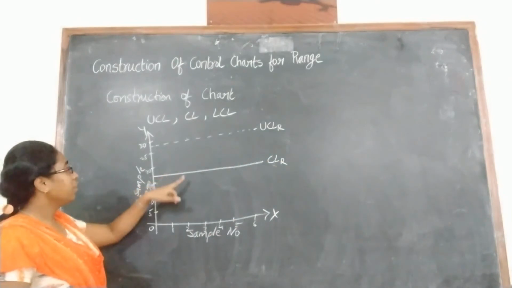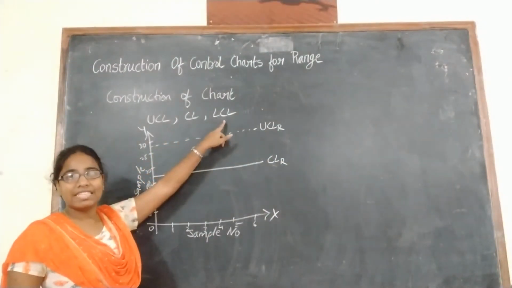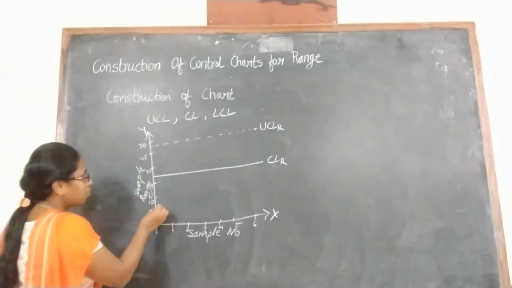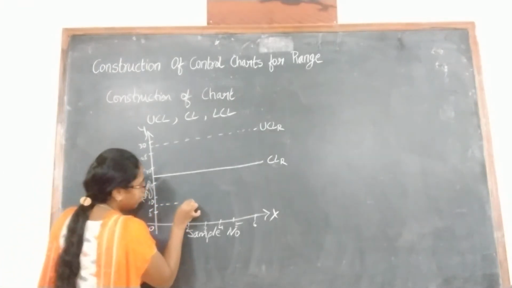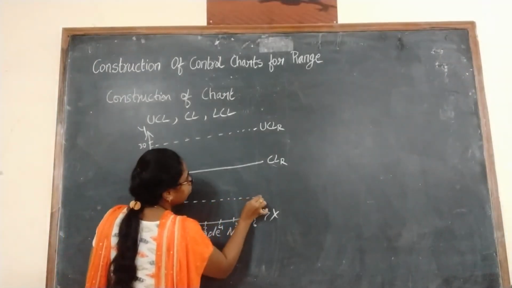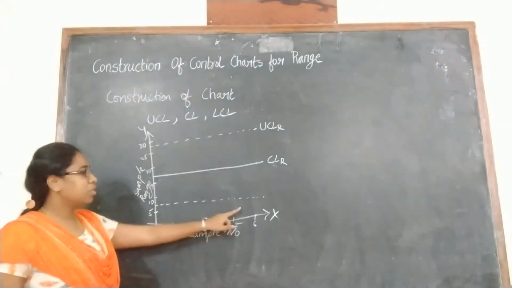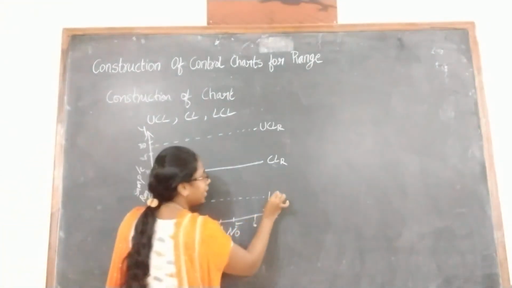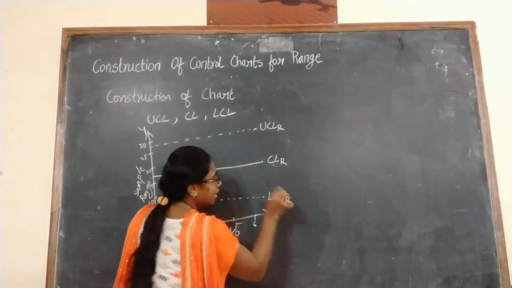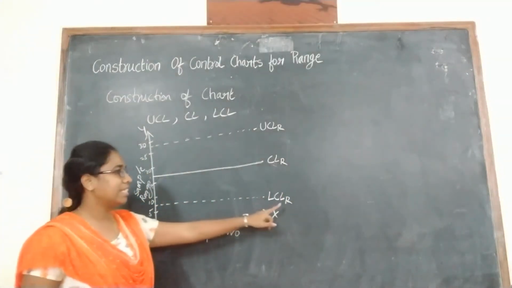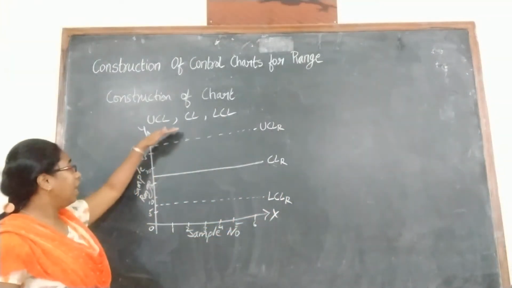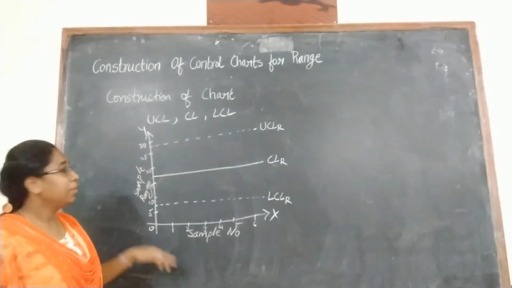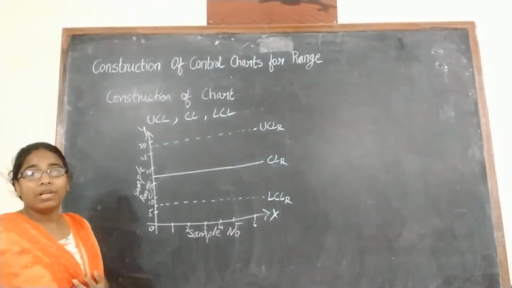Next, you draw the LCL value. LCL is also a dotted line. You draw a dotted line for LCL and write here LCL of range, that is LCL of R. After drawing these three lines, you need to plot the sample range values.